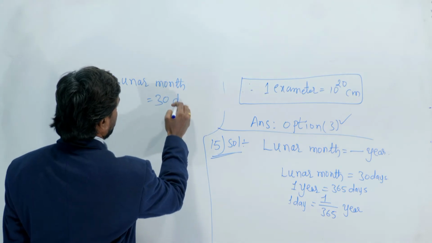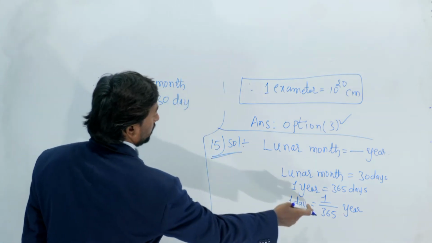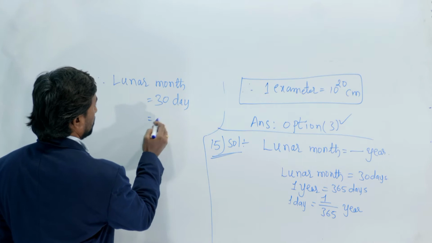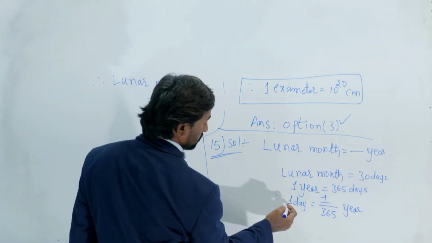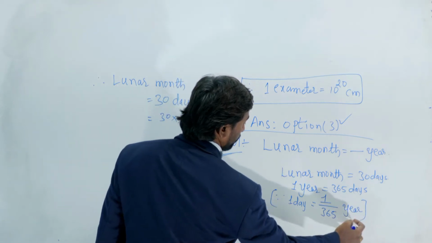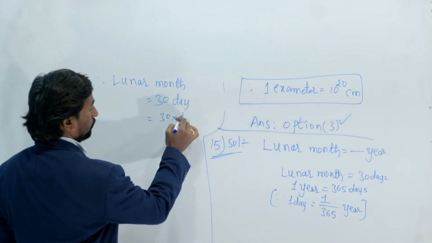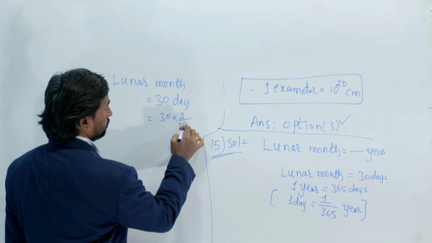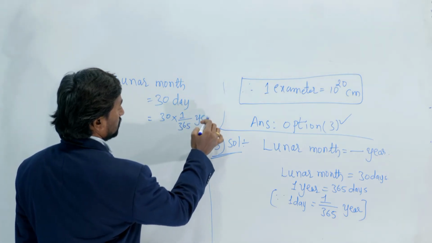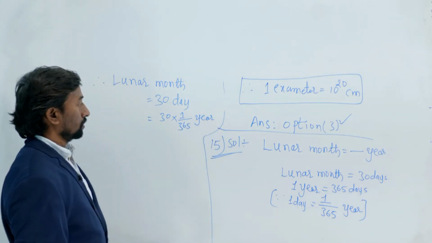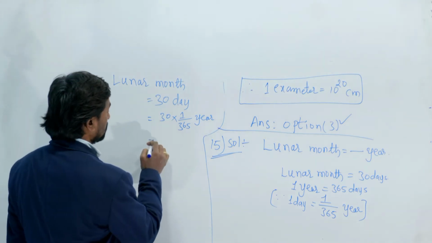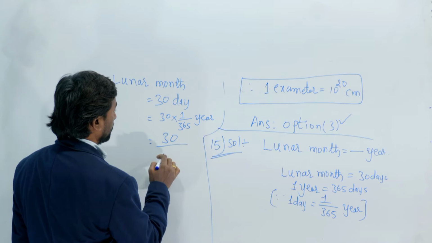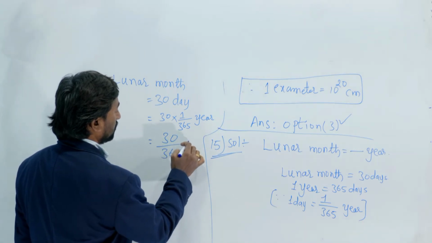It is equal to 30 days. So 1 day, how many years? We have seen that. So we get 30 into 1 day. So this 1 day is equal to 1 by 365 year, no? We should write here 1 by 365 year, so this can be converted into years. So this is equal to 30 divided by 365 years.